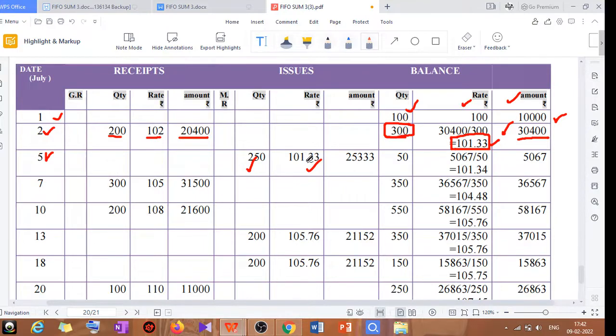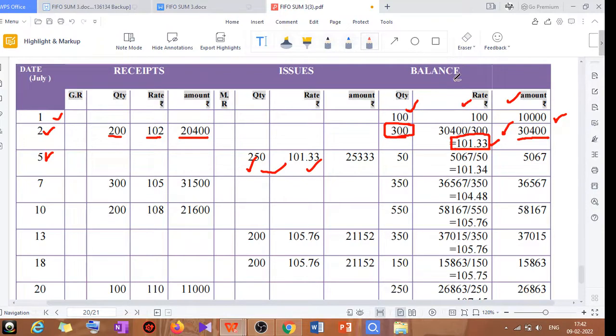After the point, take 2 digits. Make it an approximation and take 2 digits after the point. So multiply it: 250 into 101.33 will be 25,333. I hope it is clear to you.